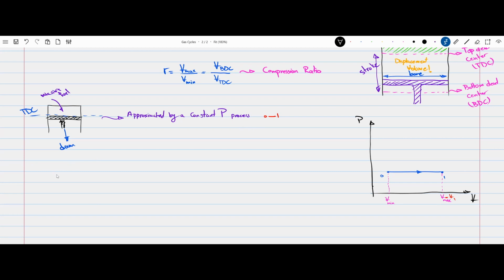So in the second process, the piston was all the way down, and now it's moving up from the bottom dead center. Both intake and exhaust valves are closed, so we are going to experience compression. This compression looks something like this.